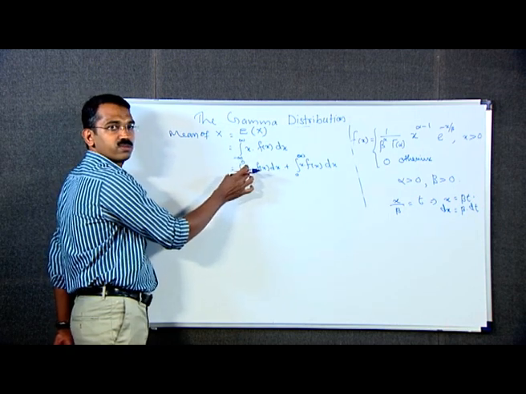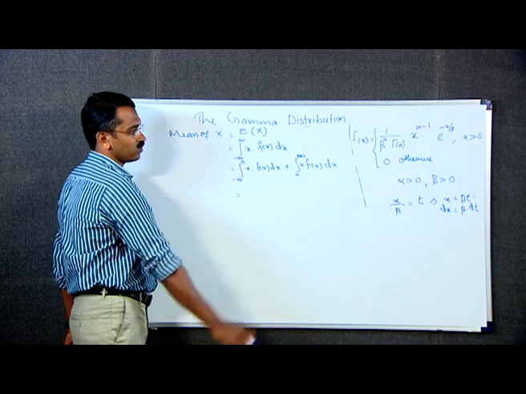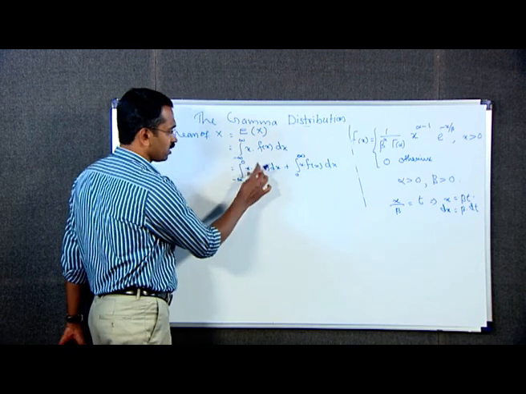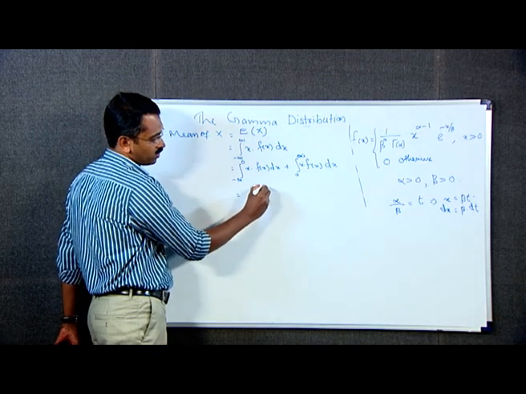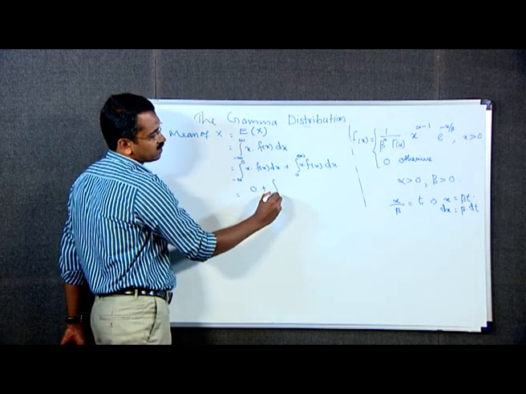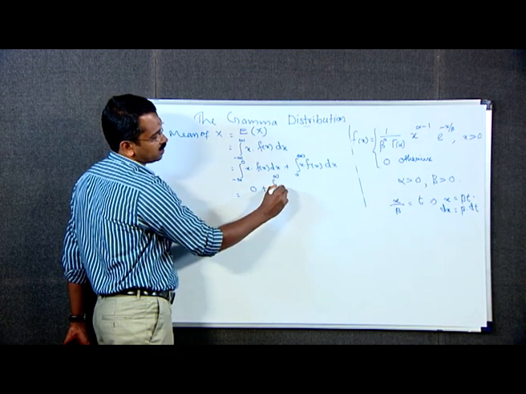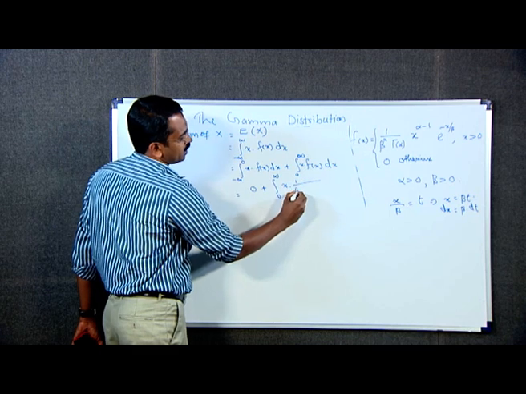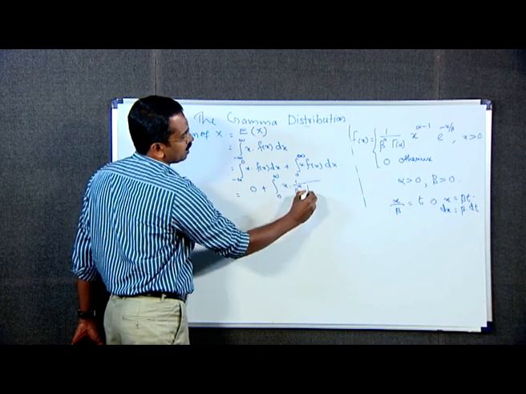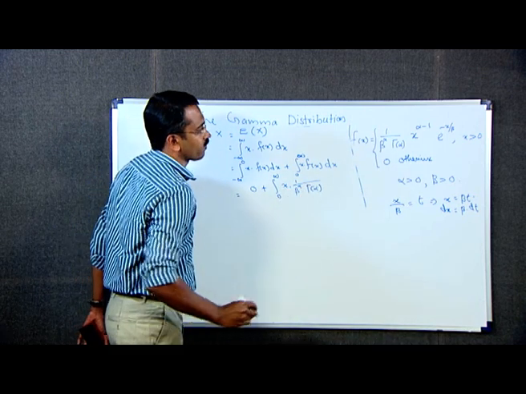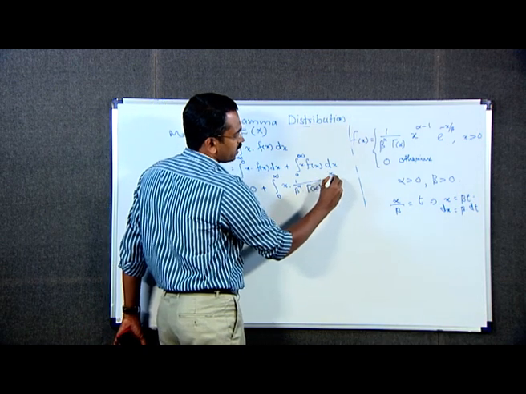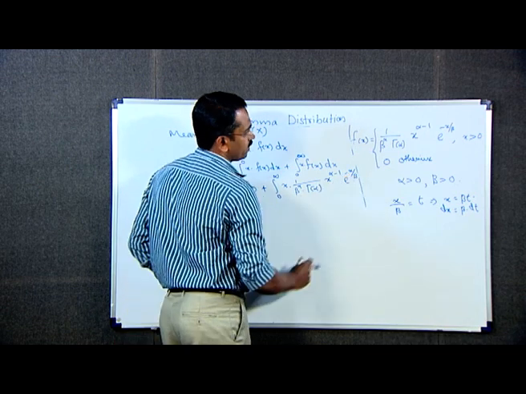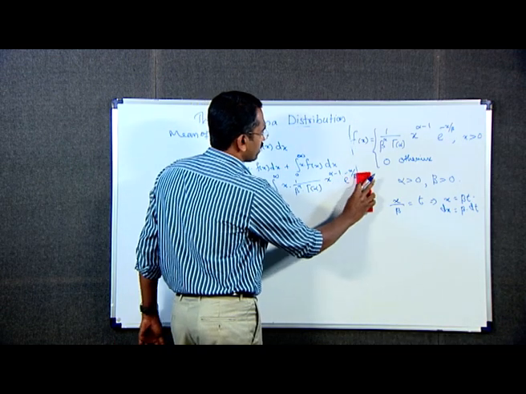Minus infinity to 0 means x is less than 0, in which case the function is defined as 0. Therefore, the first integral will become 0, plus the second integral, the integral from 0 to infinity of x times 1/(β^α Γ(α)) x^(α−1) e^(−x/β) dx.